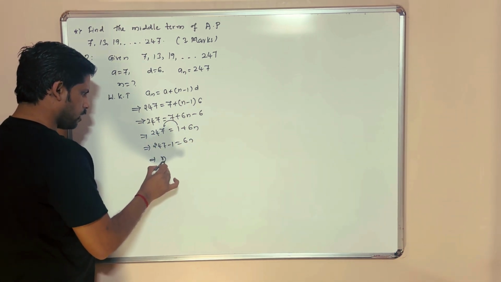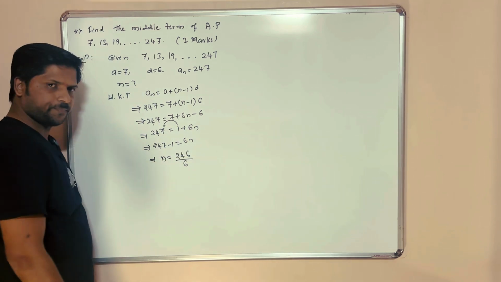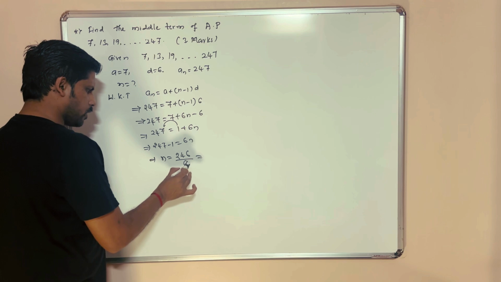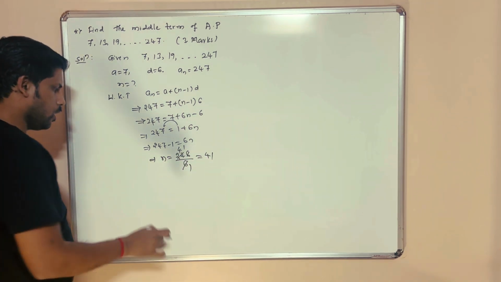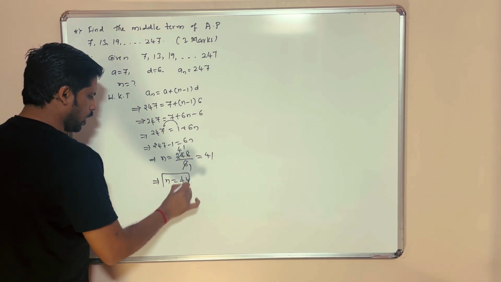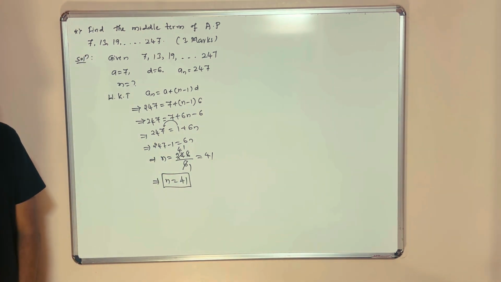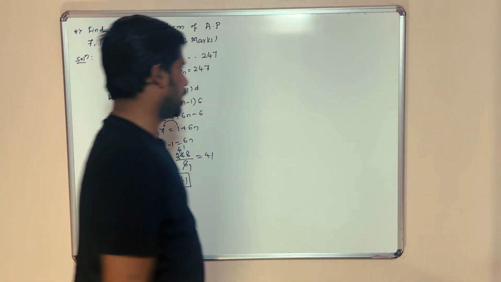Then what is n here? n is equal to 246 divided by 6. So that is 41. So there are total 41 terms. In that 41 we have to find the middle term, right?